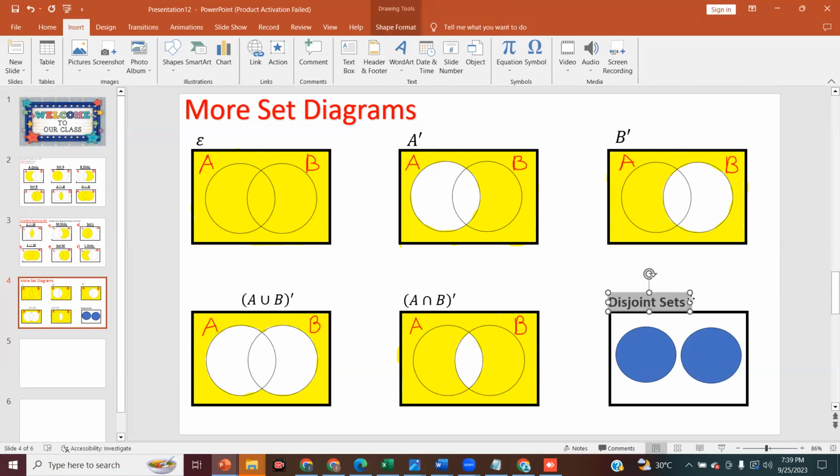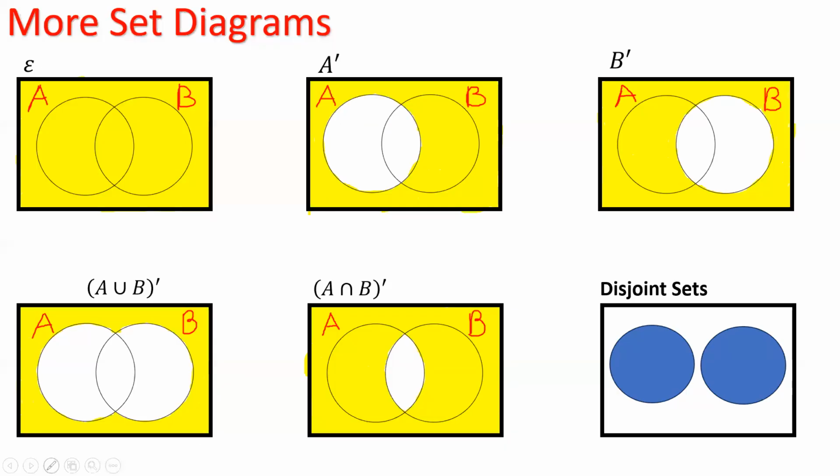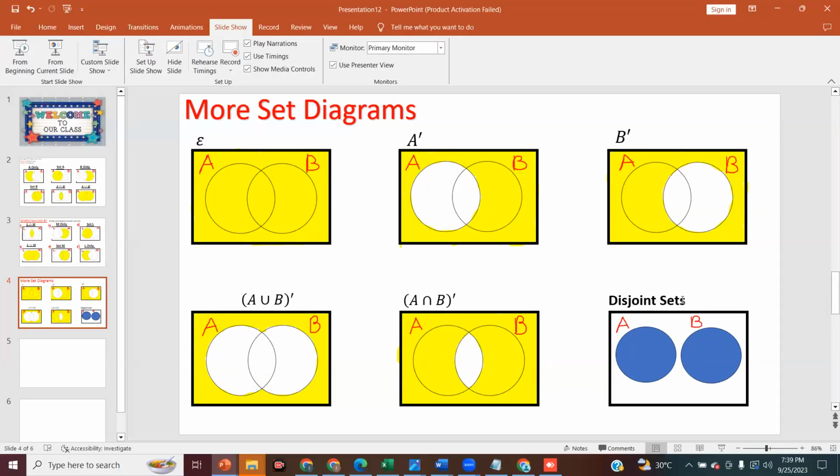These two sets do not have an intersection, so the intersection is an empty set. If we call this one A and this one B, we can call them disjoint sets A and B. Okay, good.